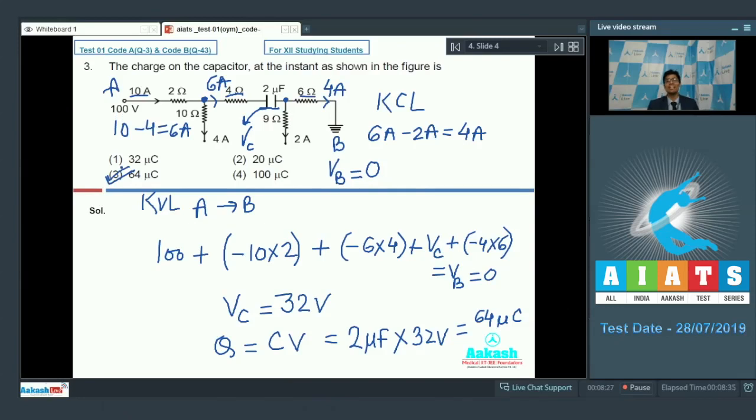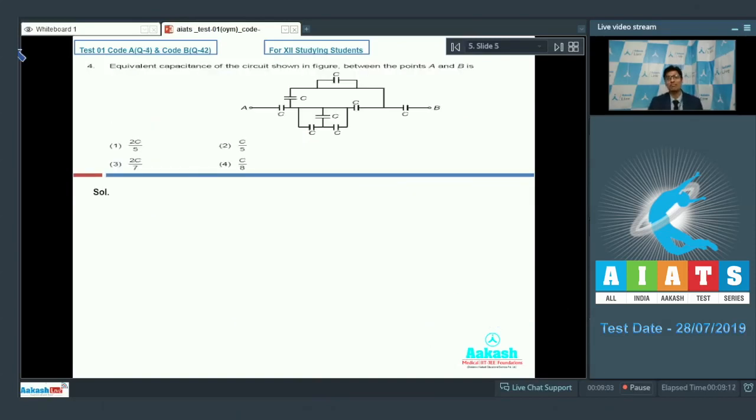Now dear students, let us proceed to the next question, and the next question is question number 4. Dear students, question number 4 involves a circuit of capacitors, and the question says that equivalent capacitance of the circuit shown in the figure between points A and B is.